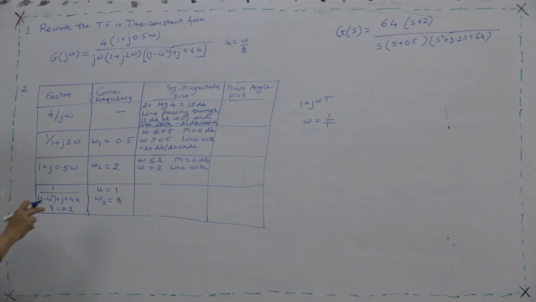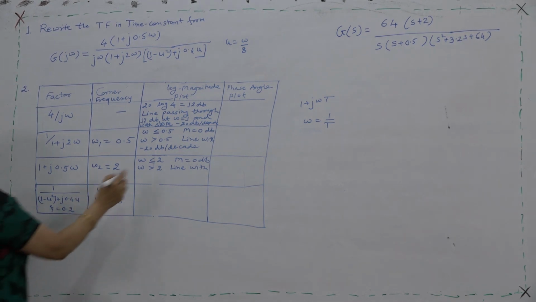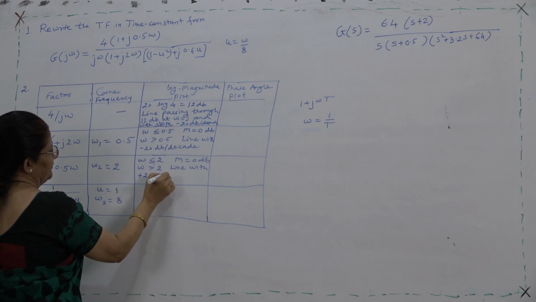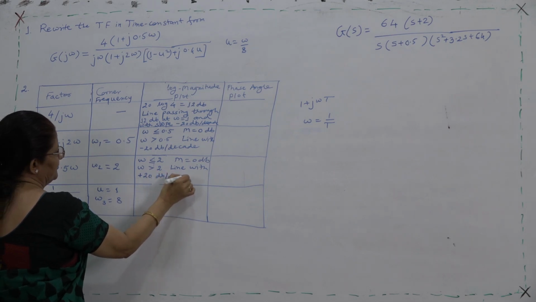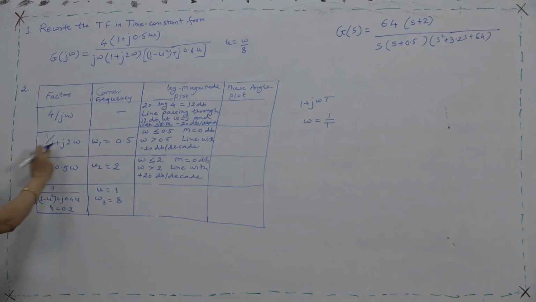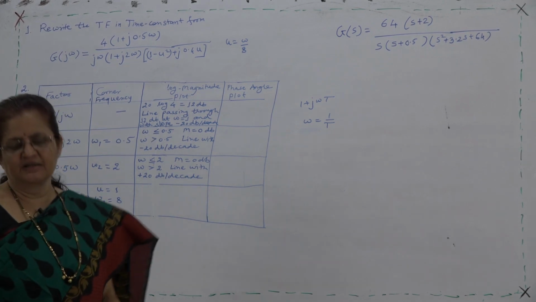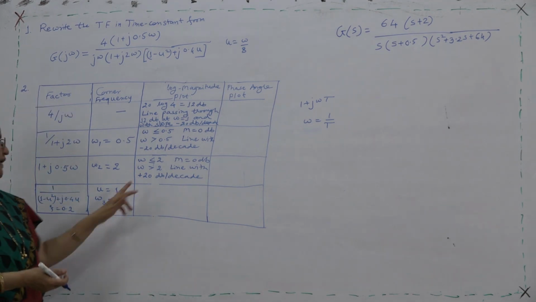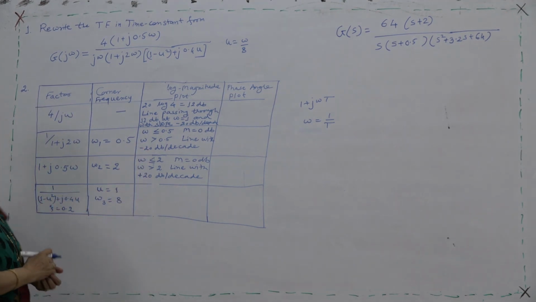So, what I have to write now? It is plus 20 dB per decade. This is at the denominator, it is for the pole, so you will get minus 20 dB. This is at the numerator, so you will get plus 20 dB. That is the difference, one is a zero, one is a pole, and accordingly you have to change here.